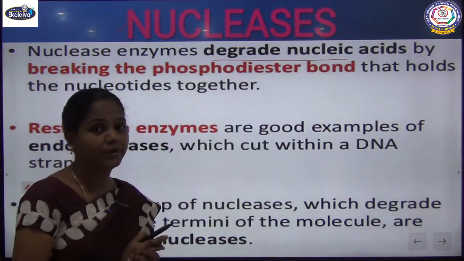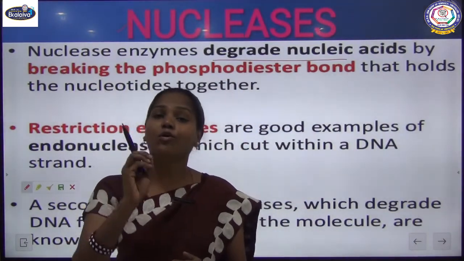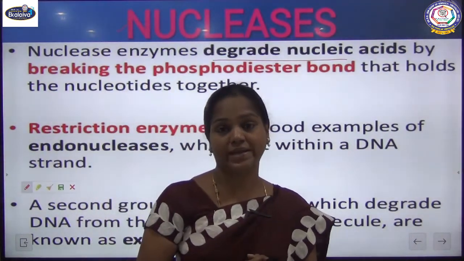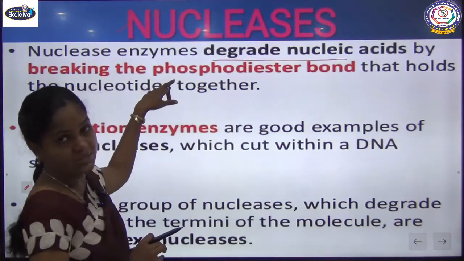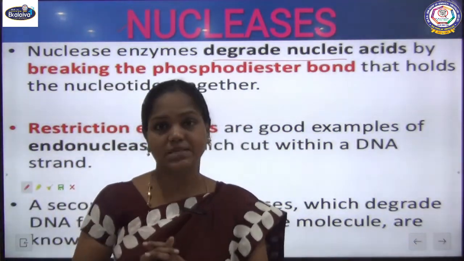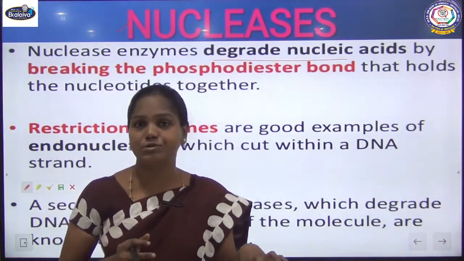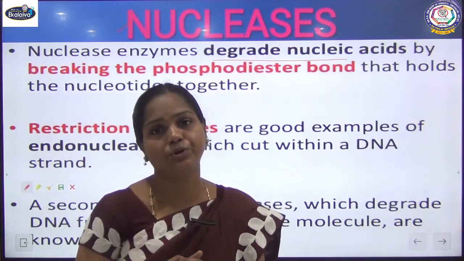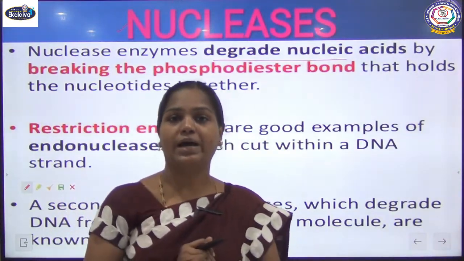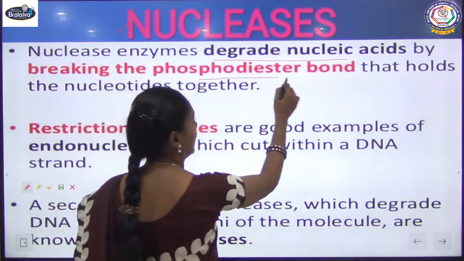How is it cutting? In the structure of DNA, we have seen the role of phosphodiester bonds. You know the structure of nucleotides: ribose sugar, phosphate group, along with nitrogenous bases, we call it a nucleotide. Each and every nucleotide is bound together with the help of the phosphodiester bond.